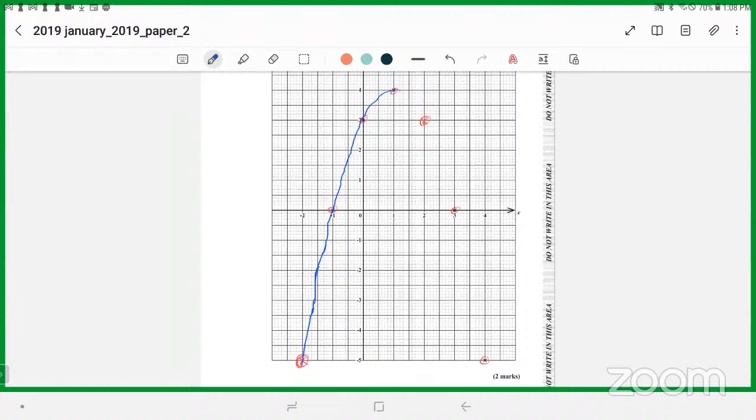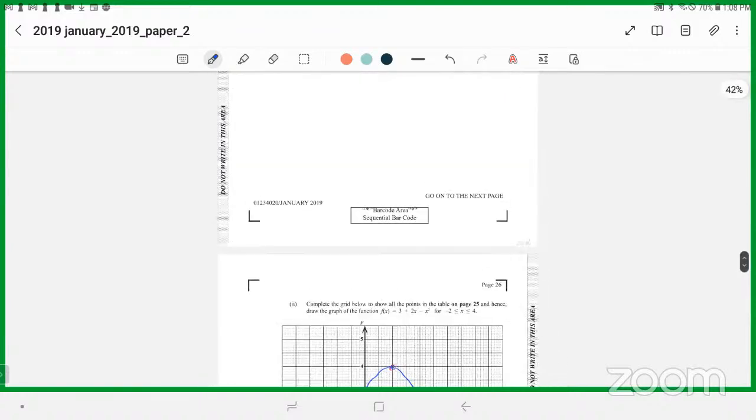And I'm gonna just go like that. That's my sketch. Simple as that. Good? It's a quadratic curve. Remember, it's a quadratic curve.